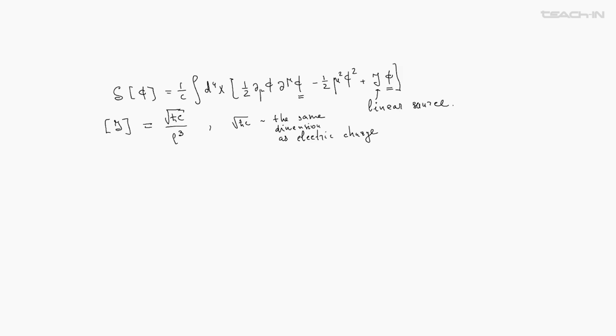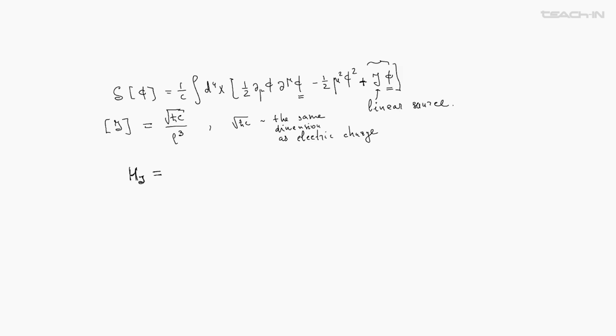Now, as soon as we add up this source, we are changing the energy. So our Hamiltonian receives an extra contribution from this source term. And this extra contribution to the Hamiltonian, I denote H_J, and it will be just given by this term here, but with a minus sign, because this term enters the Lagrangian with a plus, but when I will be deriving the Hamiltonian by the standard procedure, I will write p q dot minus Lagrangian, and therefore this term will come into the Hamiltonian with a minus sign.